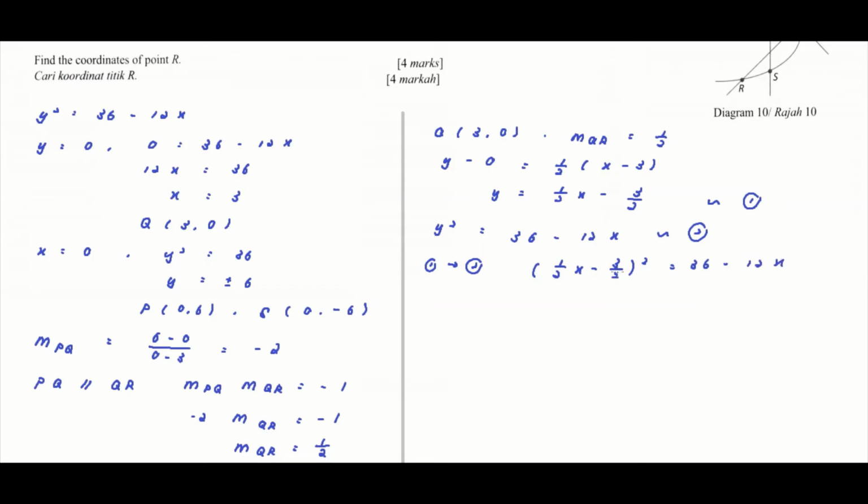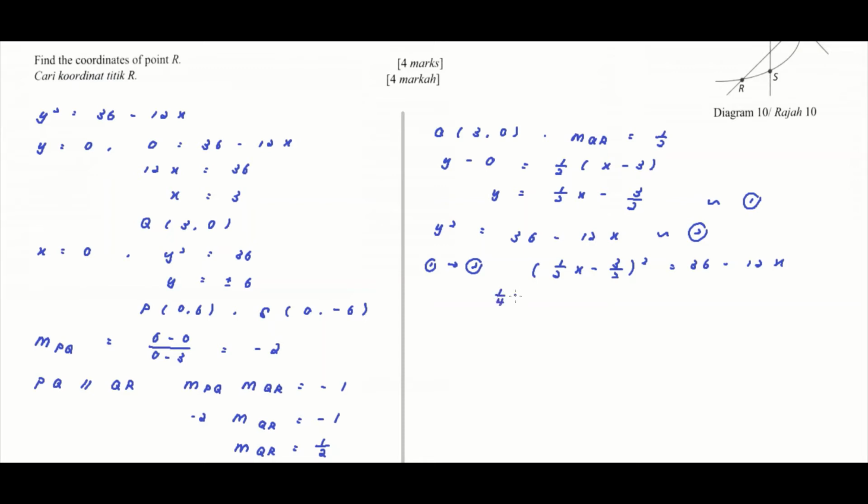If you don't prefer to have a fraction to expand, you can always multiply 2 for the whole equation, then you can get the x, then substitute inside, and I believe you do not have any fraction to deal with. But it's going to give you the exact same answer.